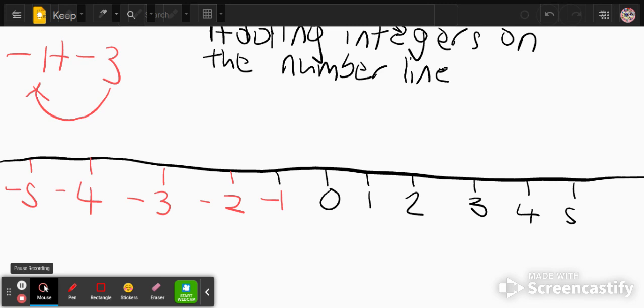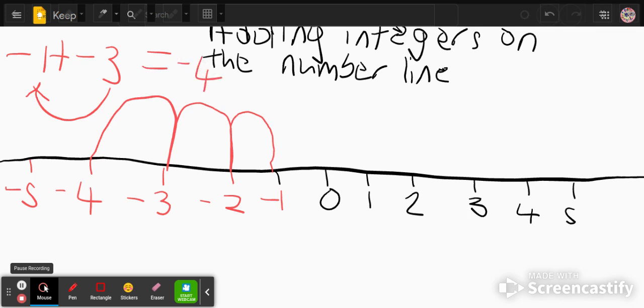So our starting point will be -1, right? And we need to move 3 spaces to the left. So 1, 2, 3. So we land on -4. So -1 plus -3 leaves us with -4.